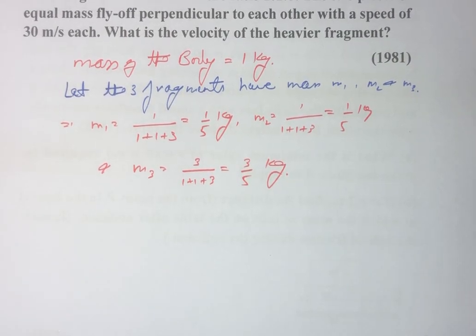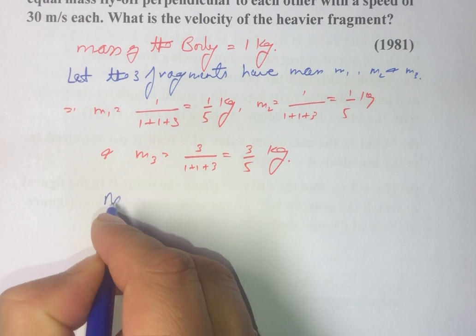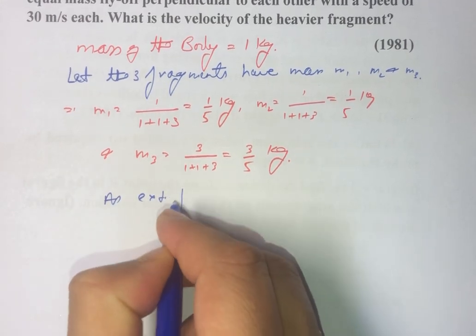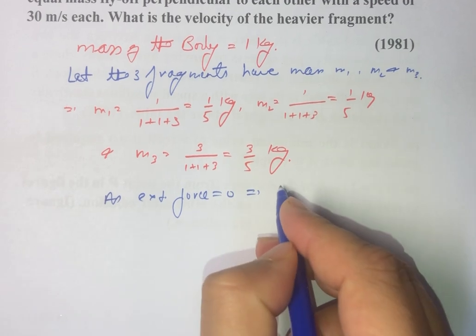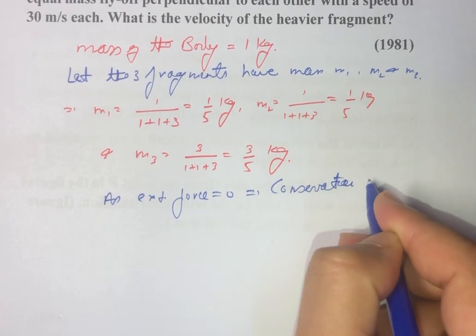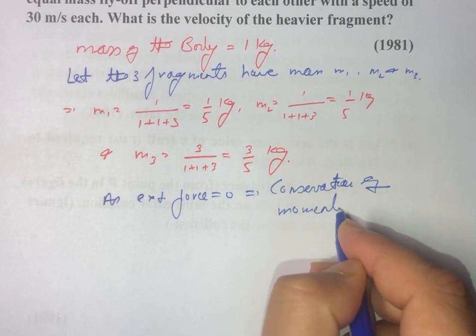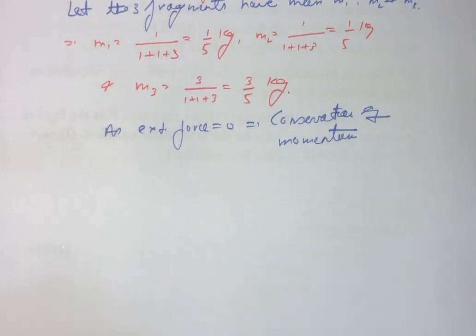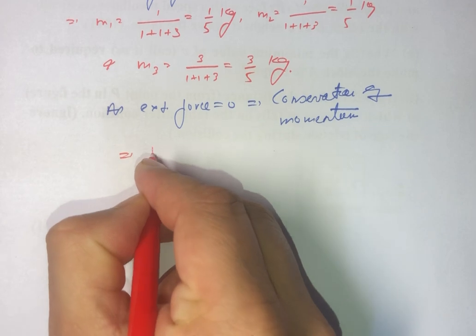Now as there is no external force, we can use the conservation of momentum. External force is equal to 0, therefore conservation of momentum, which basically means initial momentum is equal to final momentum.